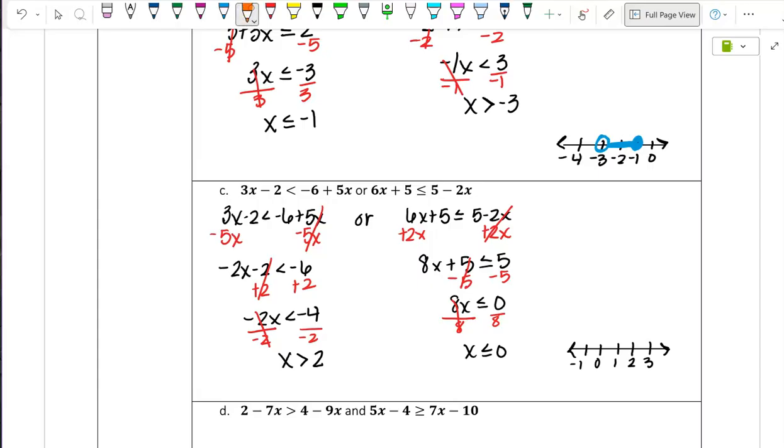So we have an open circle at 2, shaded to the right, a closed circle at 0, shaded to the left. And again, that's what we expected from an OR problem, is that it should move in opposite directions, because only one of them needs to be true at a time.